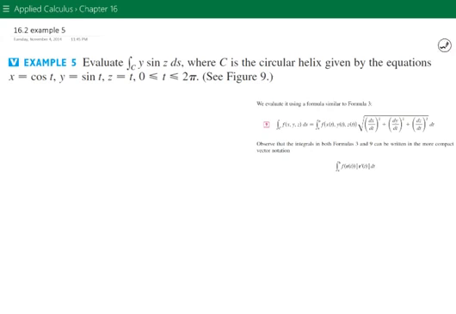So in this case, our function f is in terms of x, y, and z, and it's equal to y sine z.